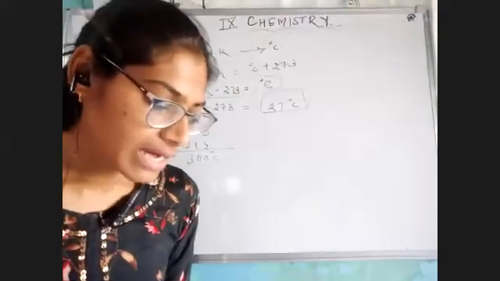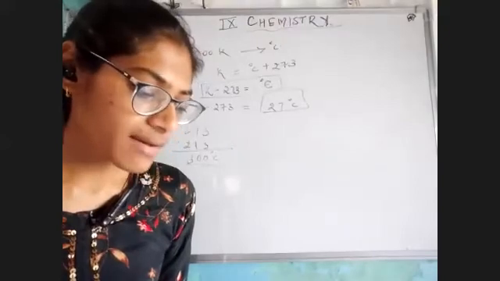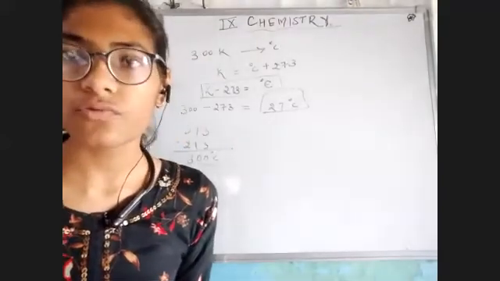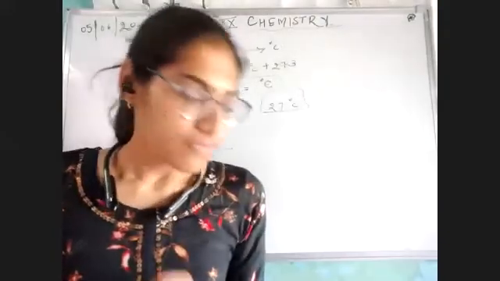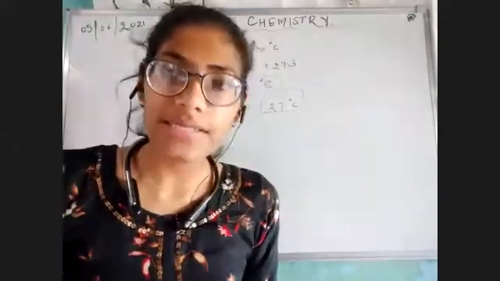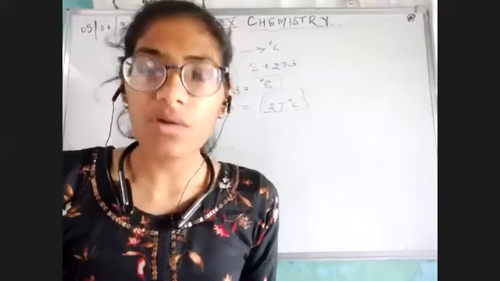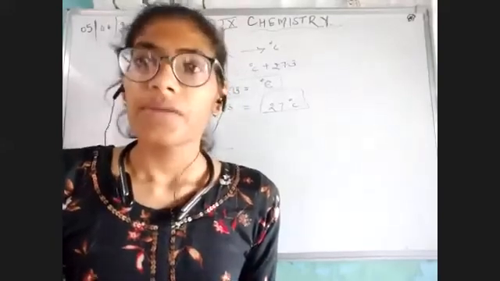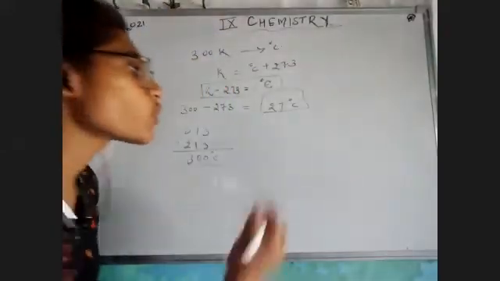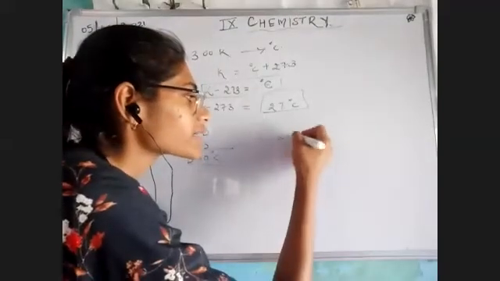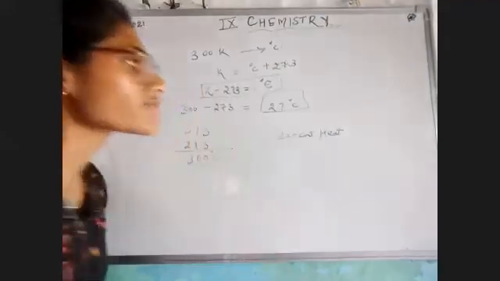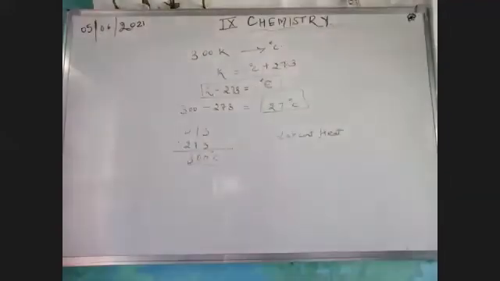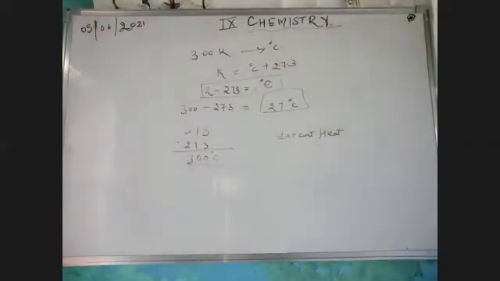Now, the next question: for any substance, why does the temperature remain constant during the change of state? I'm repeating the question. In our previous class, I had told you something about latent heat. Why do we call it latent heat?